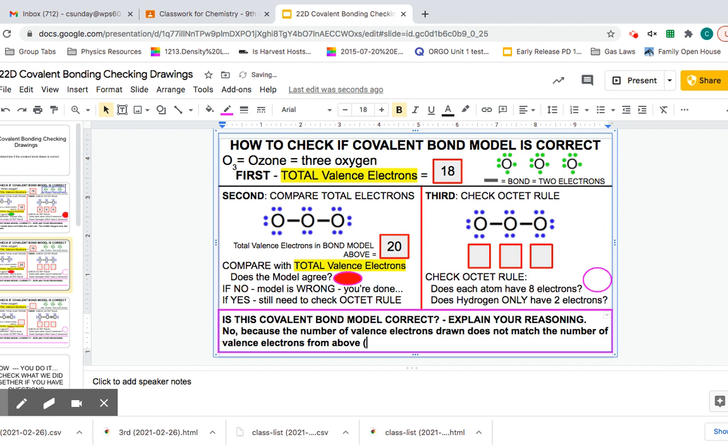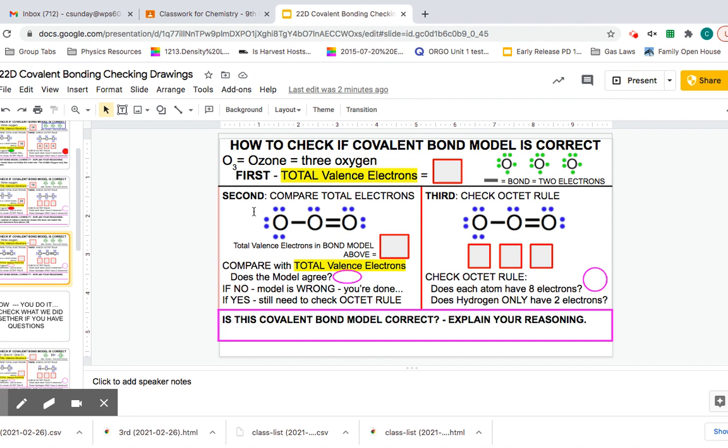And if you want to include the numbers, above there should be 18, and the drawn one is 20. And so you don't even need to go on to the third part, checking the octet rule, because it's already wrong. So there's no point in continuing because you don't have the right number drawn. So that is that one.